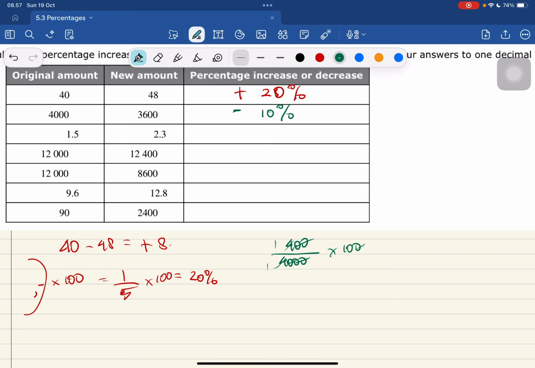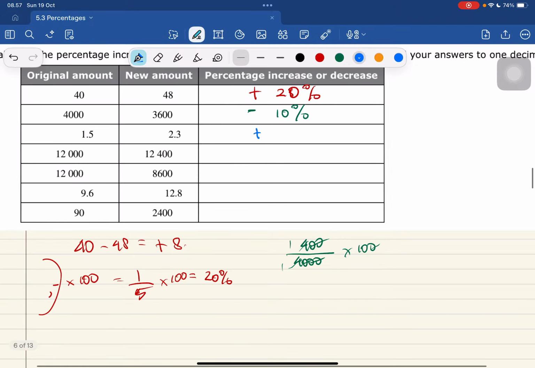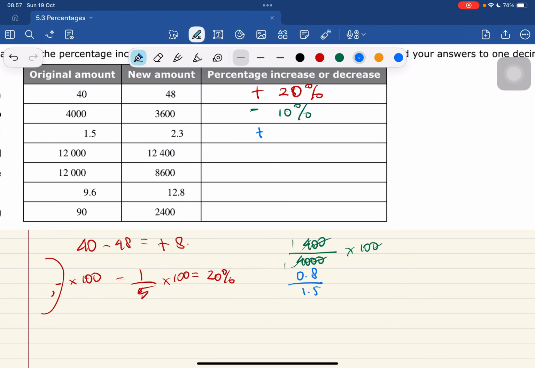Next, 1.5 to 2.3. This is an increase. You can see it. So let's find the difference between 2.3 and 1.5. The difference is 0.8. So we divide by the original amount, 1.5, times 100. So this is 8 over 15 times 100.